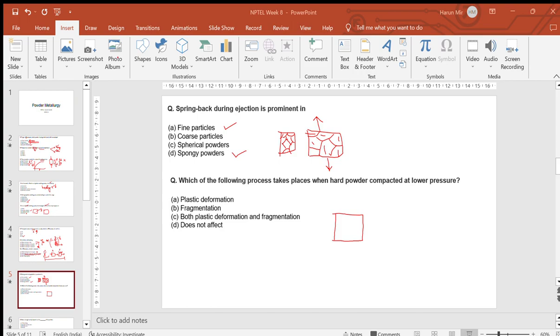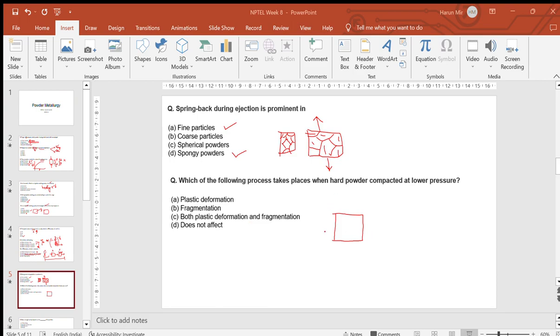So the next question is, when hard and soft material powders are mixed, the compactability depends on the connectivity of hard powders, the connectivity of the soft powders, or the concentration of the hard powders. Can you say what happens? Normally, soft powders and hard powders will have a different response to compaction, right?